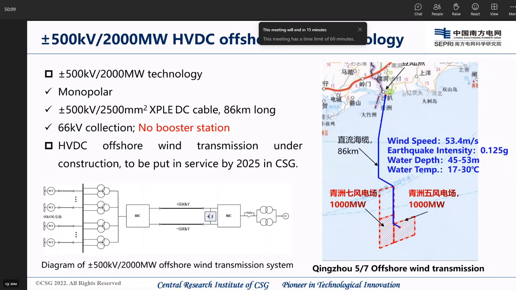The system is a monopolar system because we can avoid using a submarine return cable, which is very, very expensive in offshore wind power transmission applications. And also, we avoid using booster stations. The 66 kilovolt voltage was used in the overseas power system.